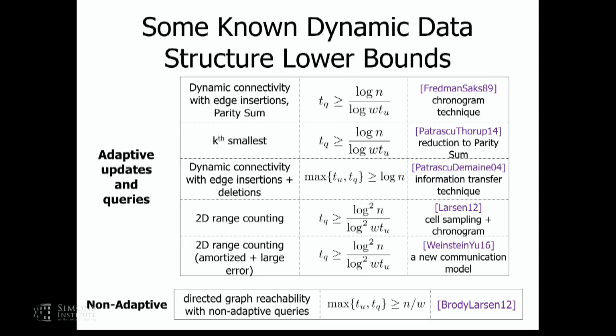Now let me go ahead and discuss our results. The first problem we consider is data structures that allow deletions and compute the minimum. In this case, when the deletions and the minimum computations are non-adaptive, you can show that the time to perform the deletions plus the time to compute the minimum is at least log n over log log n.